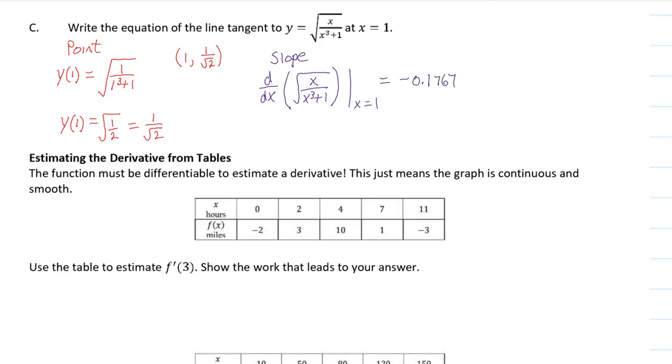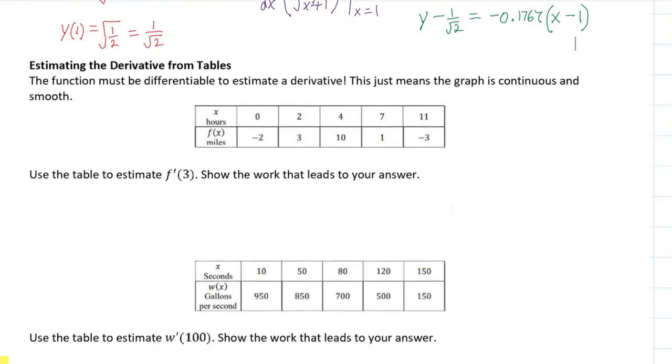All right, so I have my point, I have my slope, I need to write my equation. y minus y1, that was 1 over root 2, equals my slope, negative 0.1767 times x minus x1, which is 1. Check it out. There we go.